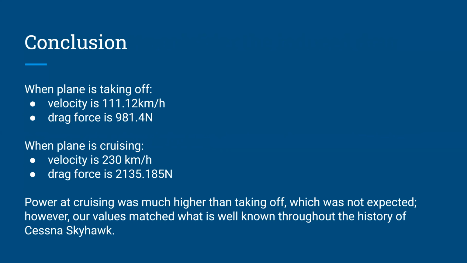But for cruising, we had a velocity of 230 kilometers per hour, as well as a drag force of 2,135 Newton, which gives us 136 kilowatts of power needed for the plane in cruising.